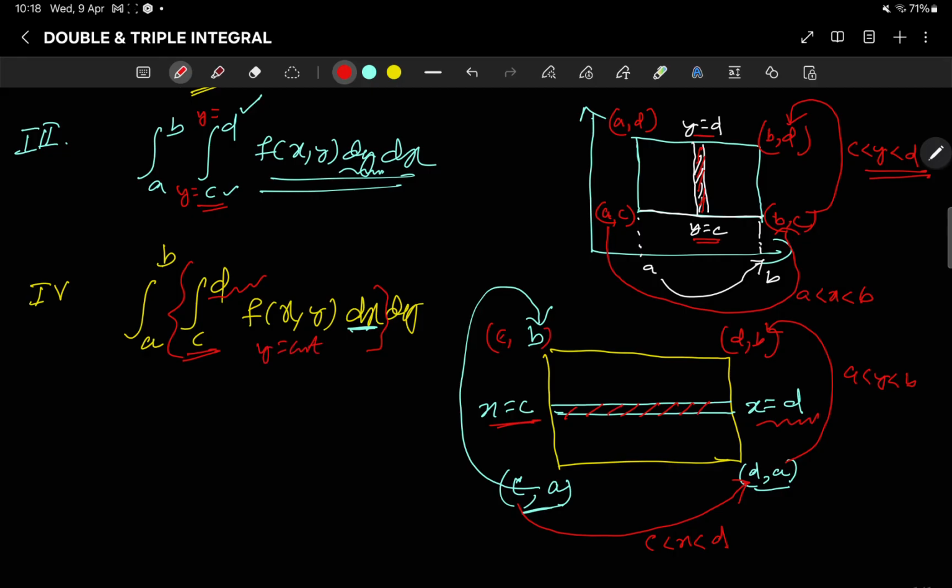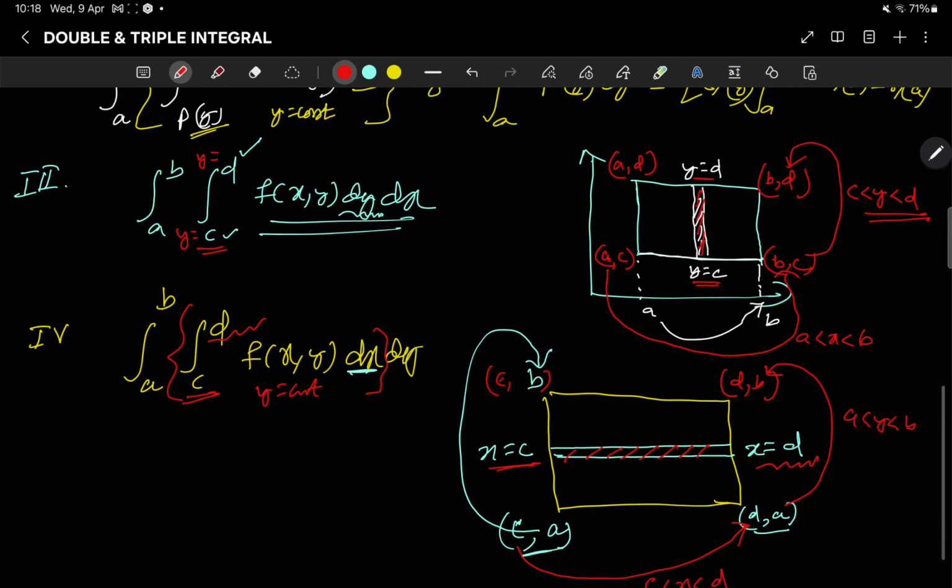Now if I set f(x,y) equal to 1, then in both cases it will give you the area of this rectangle. If this is my 1, say, and this is my 1, then it will give you the area of this rectangle.